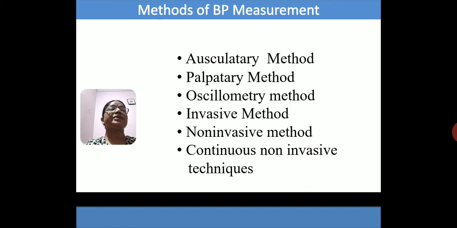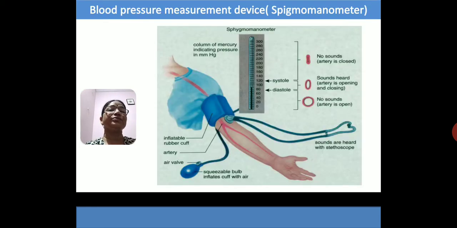Now, there are several methods of measuring the blood pressure. Some of them are oscillatory method, palpatory method, oscillometry method, invasive method, non-invasive method, continuous non-invasive techniques. Of which we are going to study only two methods.